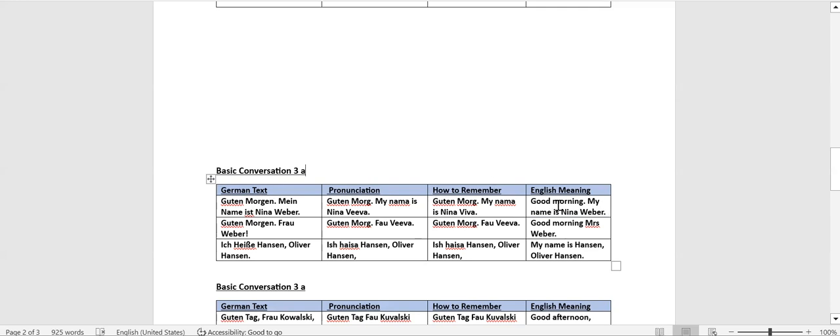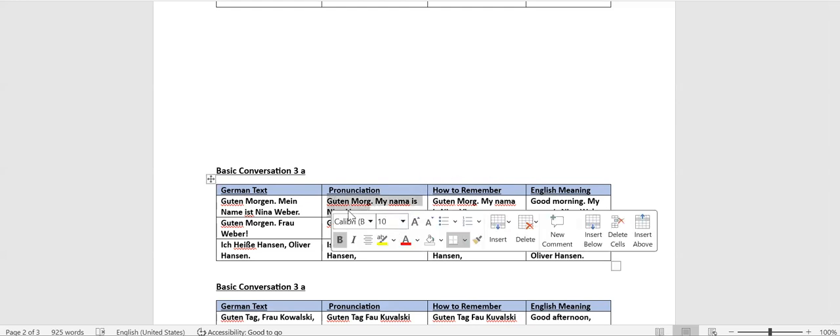Guten Morgen means good morning. Mein means my. Name is Nina Weber. Let's see how to pronounce this. Guten Morgen. So the en is somewhat silent when you speak it fast. Guten Morgen.